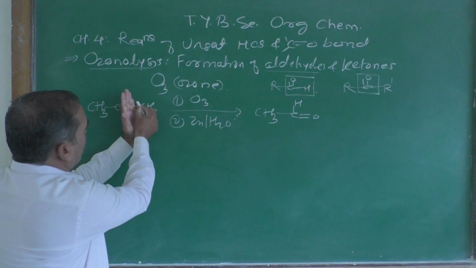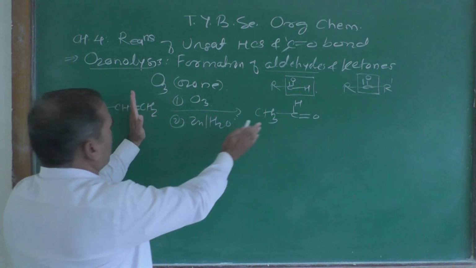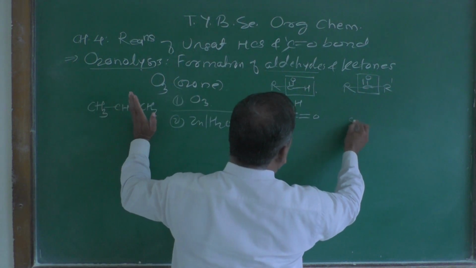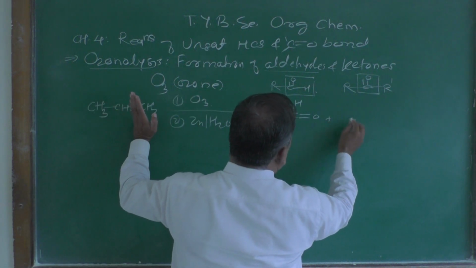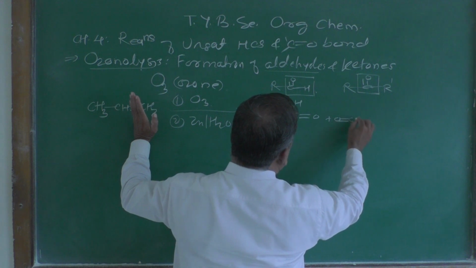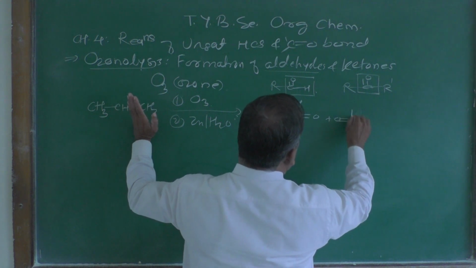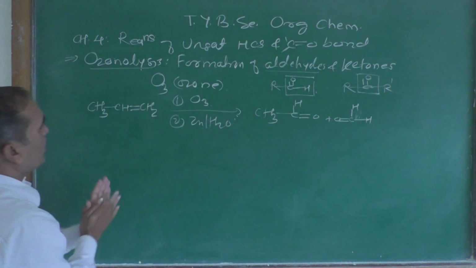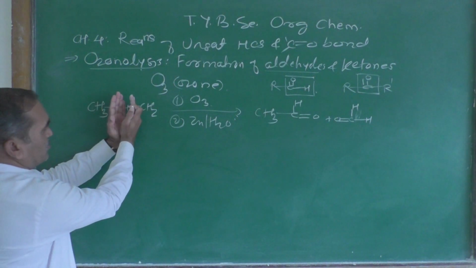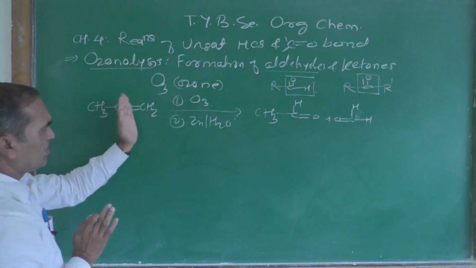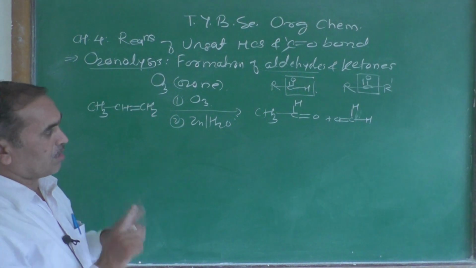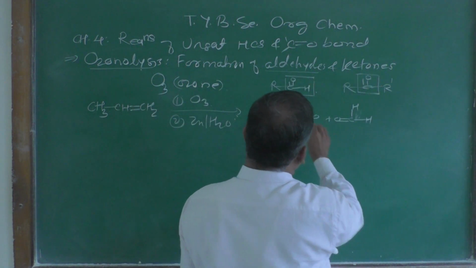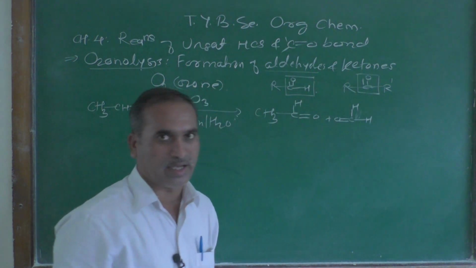One oxygen is added across this and one here, so we get C double bond O on each carbon, one with CH3 and one with H, and another H over there. Breaking at that carbon, instead we are getting aldehyde and ketone. Here both are aldehydes.